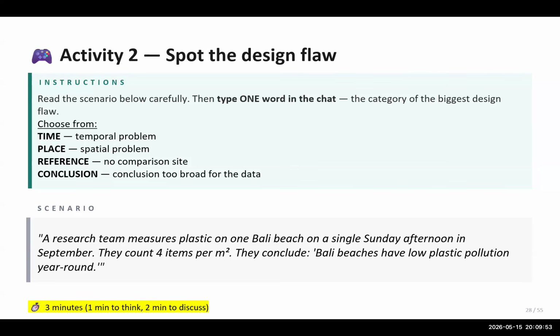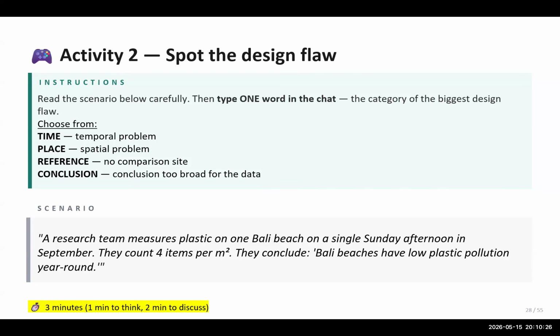In the case of time, it is a problem because they only measured one Sunday afternoon, one month, and that is only one tiny window. Plastic on the beach can change daily with the tides, with the storm. Maybe they have a cleanup activity. So a Sunday afternoon is particularly suspicious to say how much microplastic pollution we found, right? Many beaches are clean maybe after a Saturday or before Monday for tourism.